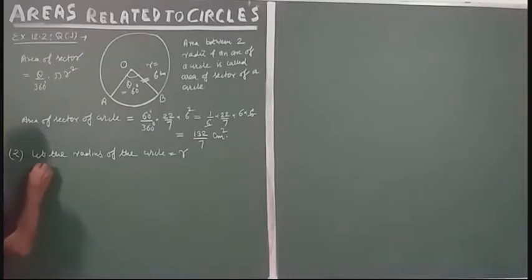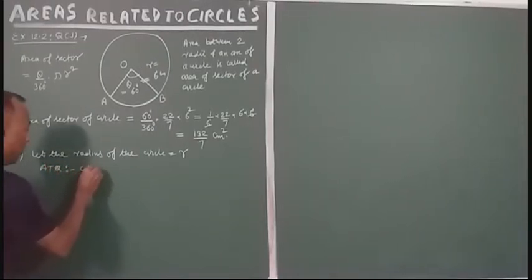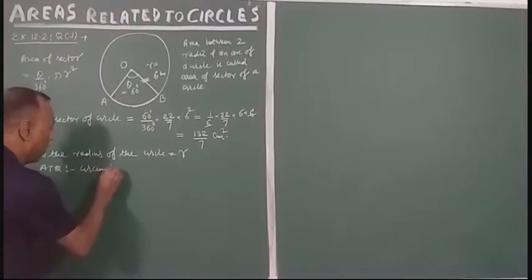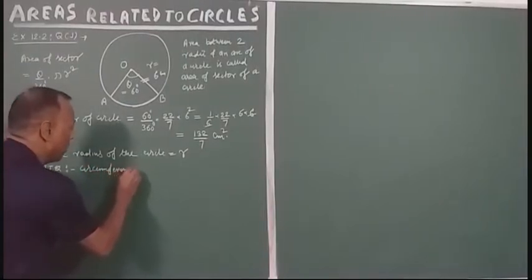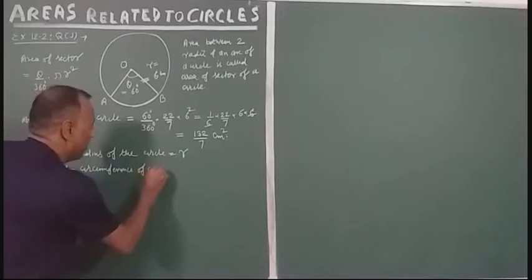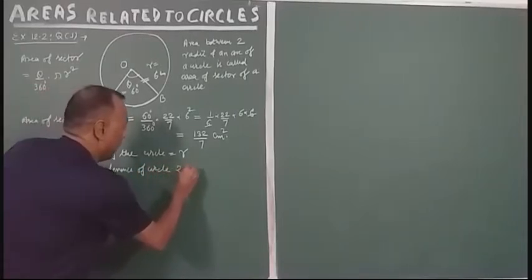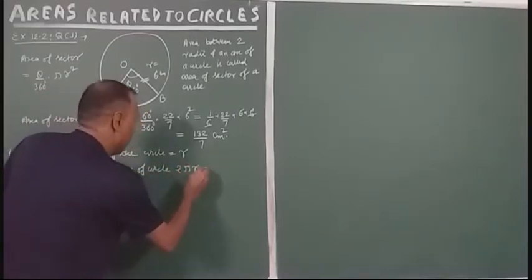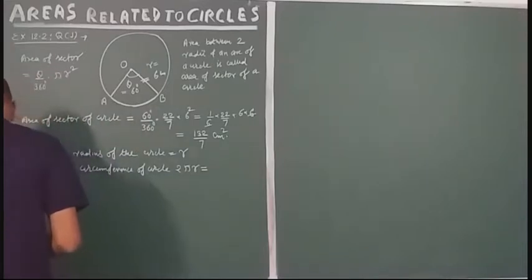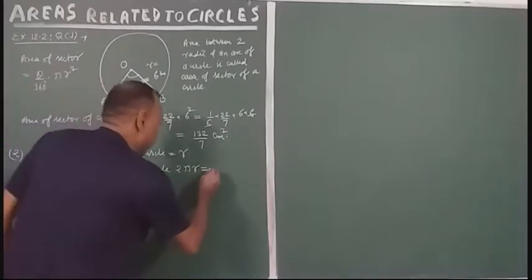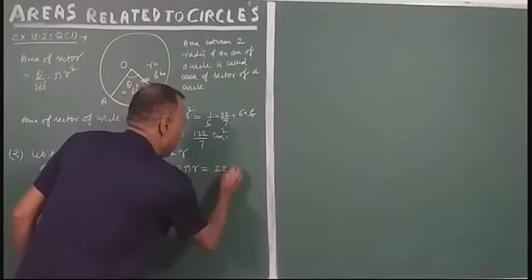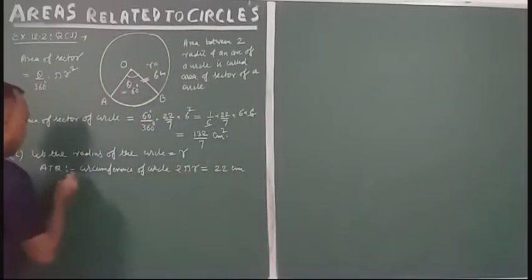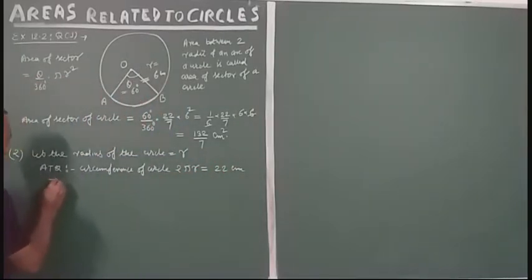Then according to the question, the circumference of circle, that is 2 pi r, is given 22 centimeter. From here we can find the value of r.